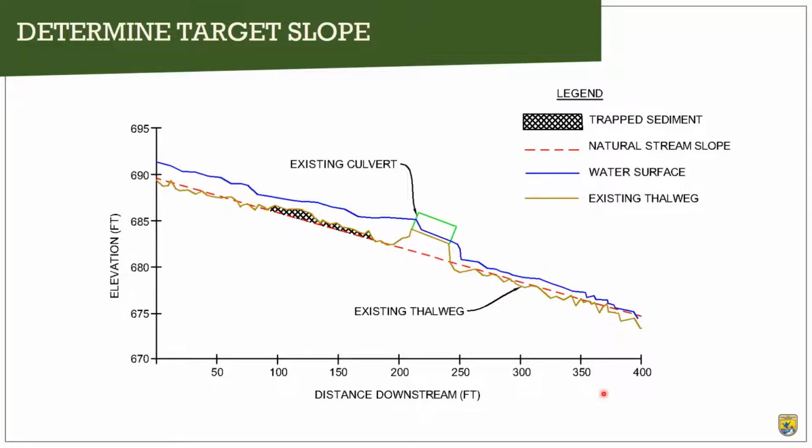So we need to make sure that we extend our survey far enough upstream and downstream of the culvert that we're getting outside of the impacts of this undersized culvert or the road. So our best solution is to put our culvert at the natural stream slope and remove the trapped sediment. Channel reconstruction may be required whenever we remove this trapped sediment.